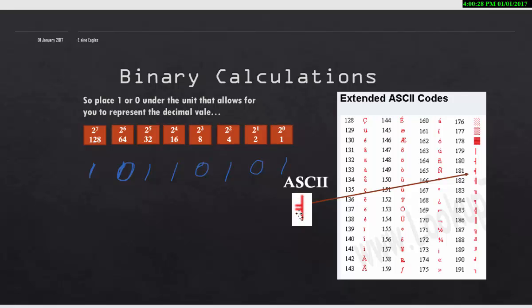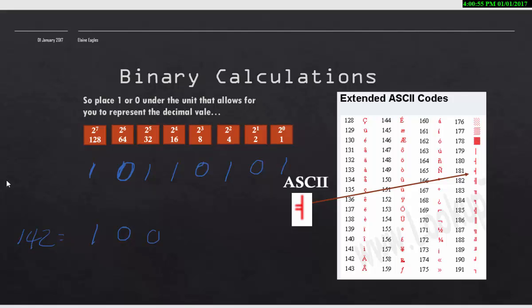So if we wanted to work out how to represent this one, say 142, let's just do another one. We would have a 128 for sure. We wouldn't have a 64, that would take it beyond what we need. So we're looking for 142 in this case. We've got a 128, so all we need now is 14.